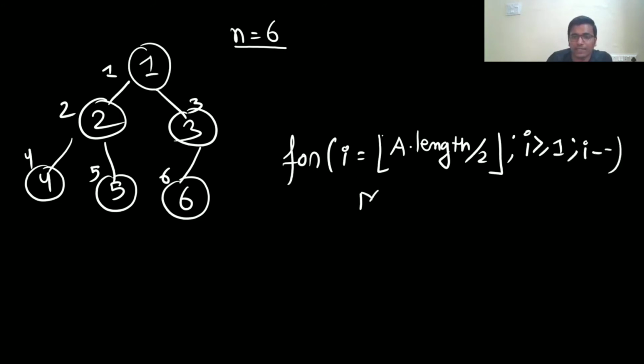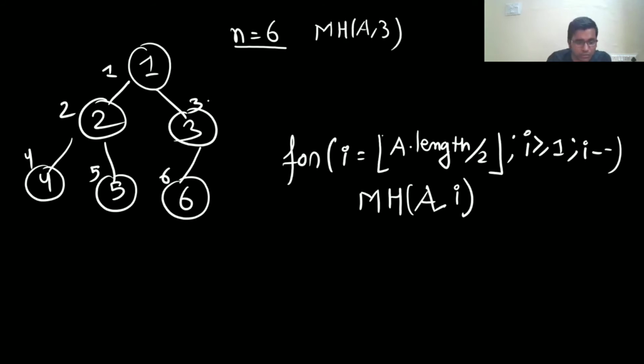So now I will call max-heapify on this array. You know that we are storing the complete binary tree in an array. So first i is going to be the floor of a.length by 2, which is 6 by 2, which is 3. So max-heapify is first going to be called on 3.